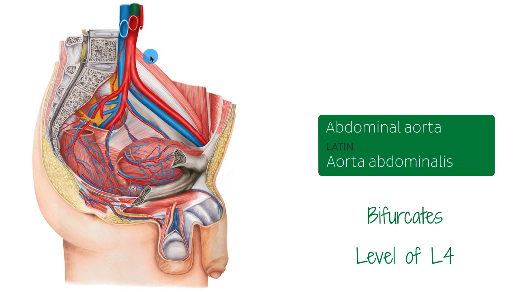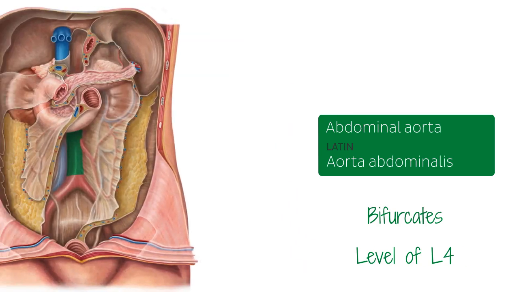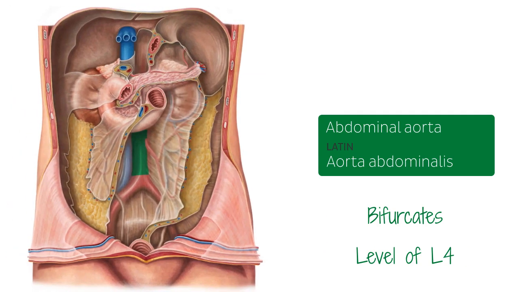On this image, you can see the left common iliac artery and a cut of the right one here. I would like to also show you this image of the anterior view of the open abdomen, where you can see the highlighted abdominal aorta, and notice how it bifurcates into the two common iliac arteries.